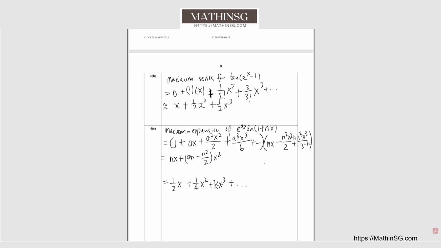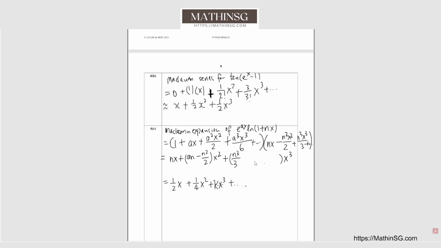Next, I need terms containing x cubed. In order to get terms containing x cubed, I'll take 1 times n cubed x cubed over 3. So let me put the x cubed outside again. So it's n cubed over 3.